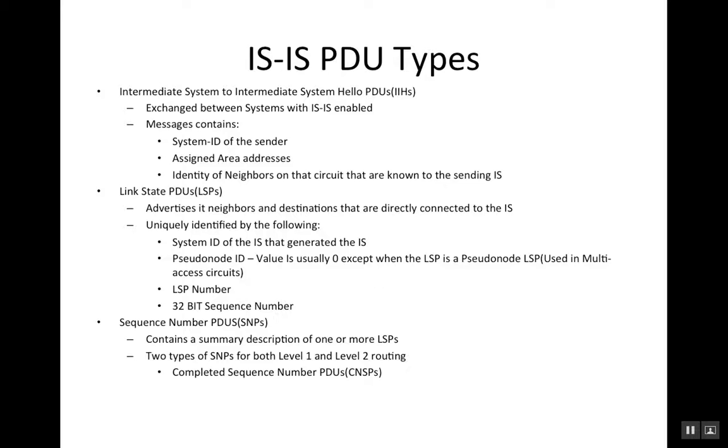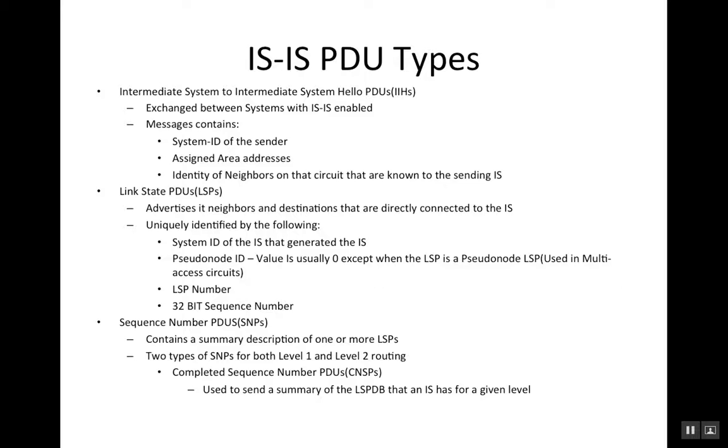You have your complete sequence number PDUs, which are your description of all your routes and networks. It's used to send a summary of the LSPDUs that an IS has for a given level, so it gives you the full database topology of that given level.